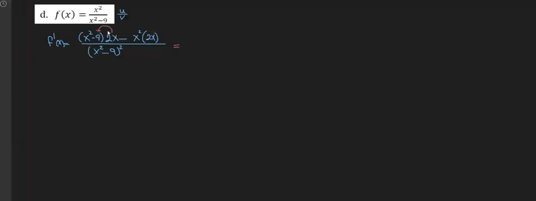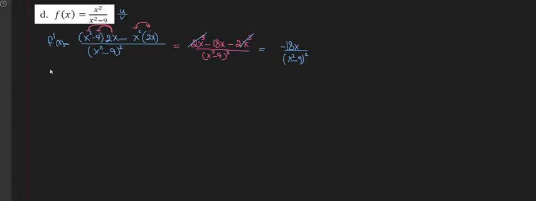Of course, we might distribute that term, for example, here and there, and this will give us the 2x cubed minus 9 times 2, which is 18x, and then minus, multiply these two terms together, we will have 2x cubed over the same denominator, power of 2. And of course, we notice that we might simplify these two together in order to have negative 18x over the x squared minus 9 all squared. And of course, this is for our benefit.